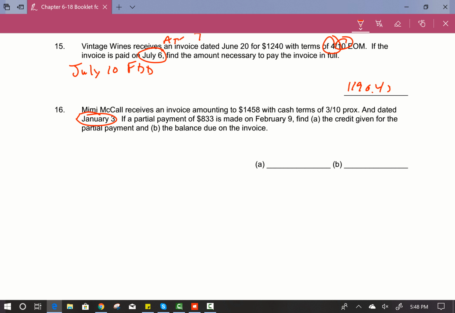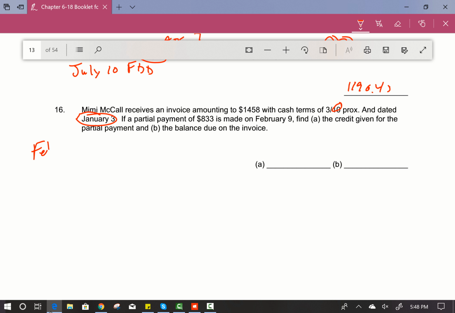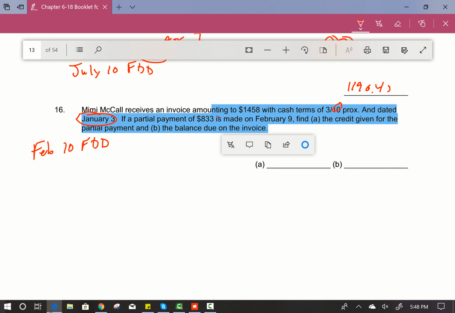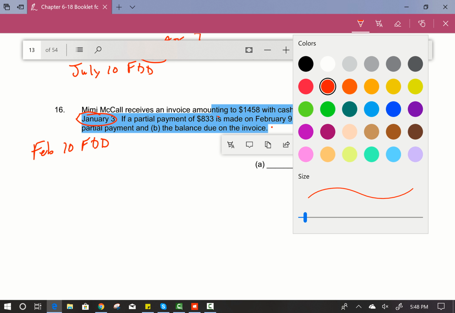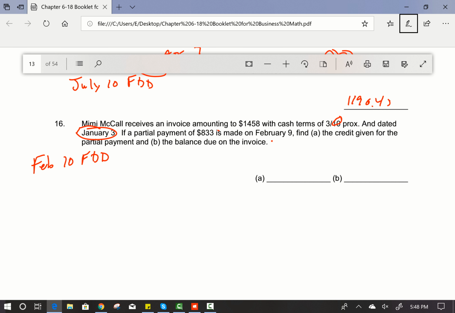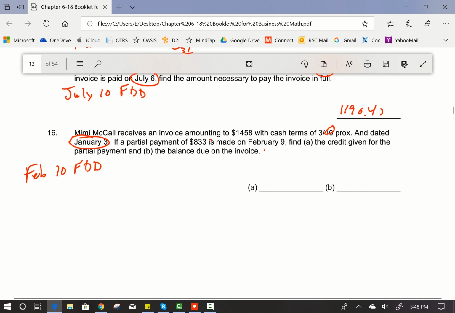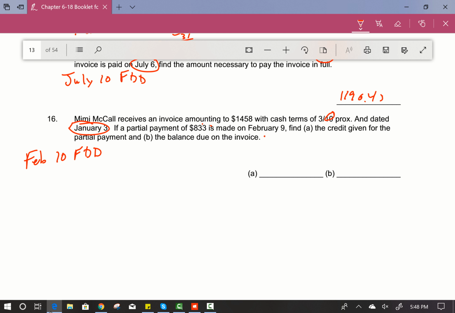January 3rd, so we're going to go to February plus the number of days in the terms, which is 10. So February the 10th is the final discount date. And we made an $8.33 payment on February 9th, so we do get the 3% discount.